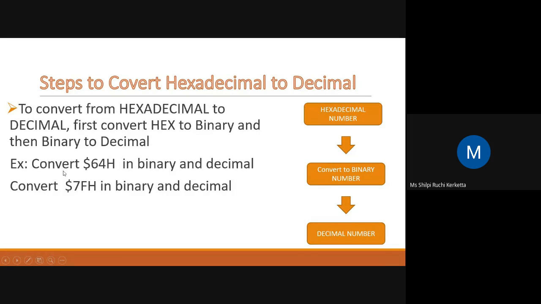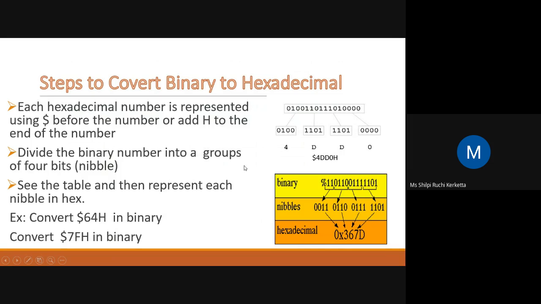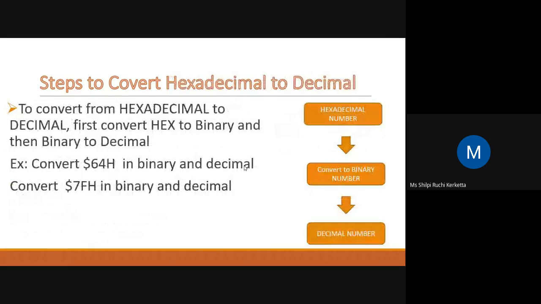So here, by observing this table, you will think the 64 hexadecimal number is the same in decimal. But if we calculate it now, it comes out totally different. I'll show you. So what are the steps to convert hexadecimal to decimal?